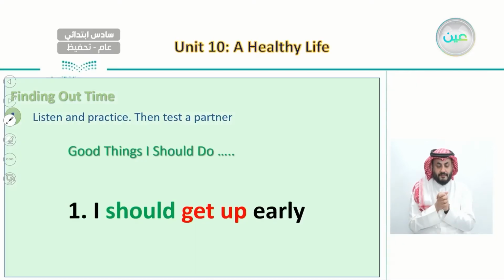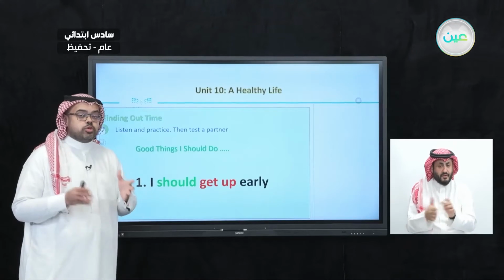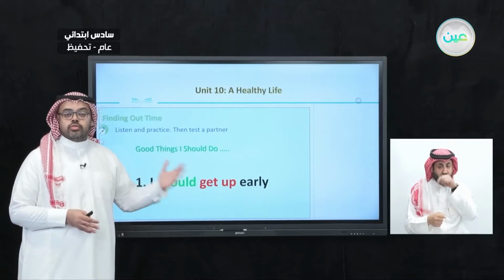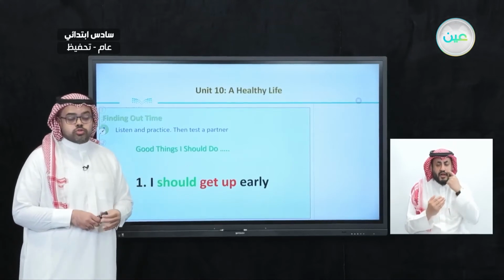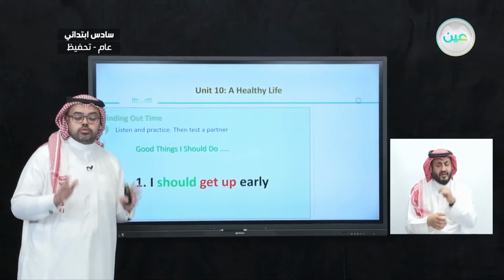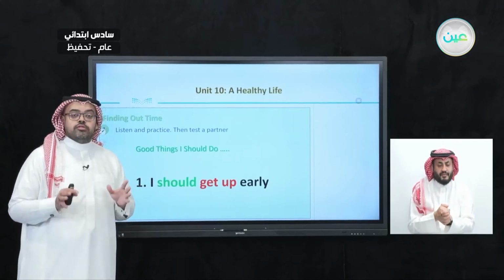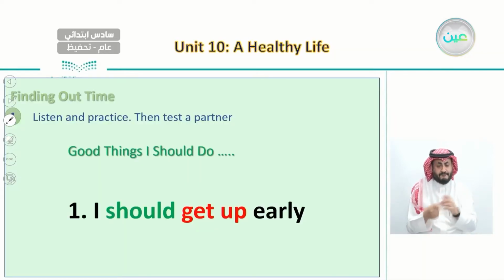So now we're going to read about the good things that we should do to have a healthy life, and also we're going to read bad things that we should not do if you want to have a healthy life. So now with the first exercise, we're going to listen and practice the good things that you and I should do.